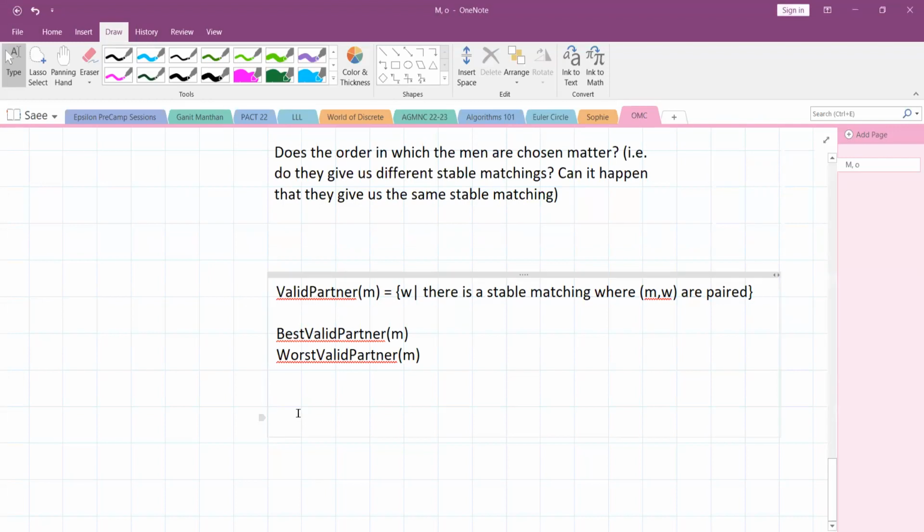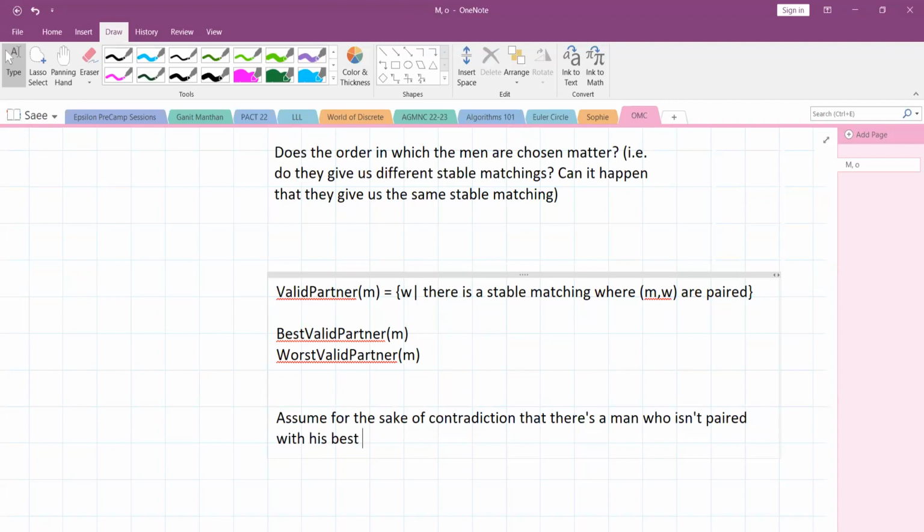So how do we go about proving this? I'll only prove the best valid partner part for men. The worst valid partner part for every woman can be shown in a very similar manner. So how does the proof go? Again, we'll assume for the sake of contradiction that there is a man who isn't paired with his best valid partner.